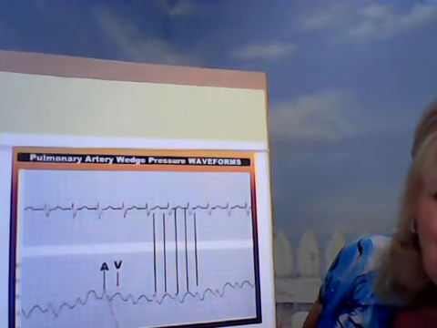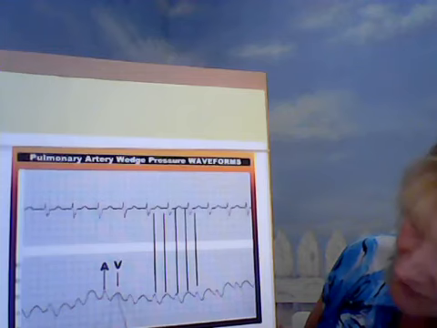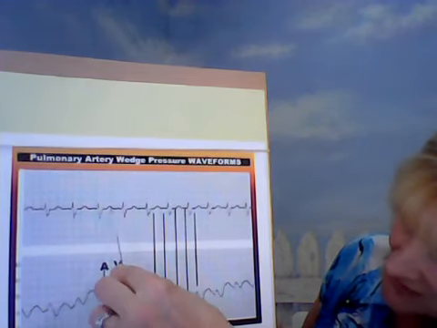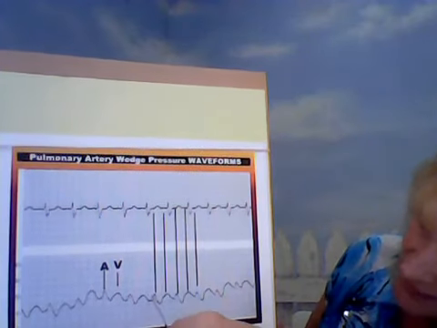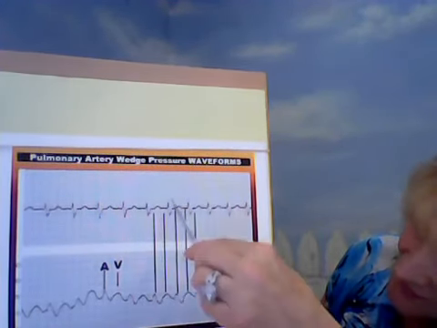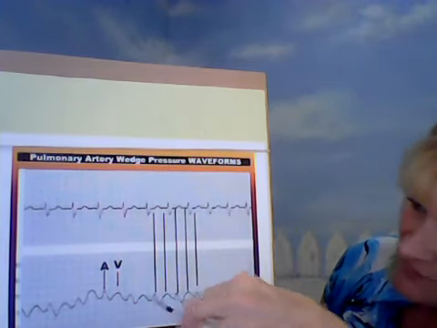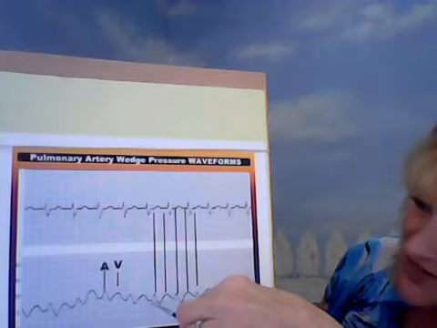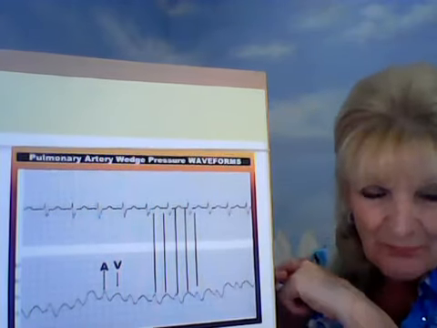Here you can't see the C wave, but you could definitely see the V wave, atrial filling. And it's right in between the T and the P. That's when it comes. So the A waves are found after the QRS, and the V waves are found after the T wave. And the V wave will be very, very elevated when people have mitral insufficiency.